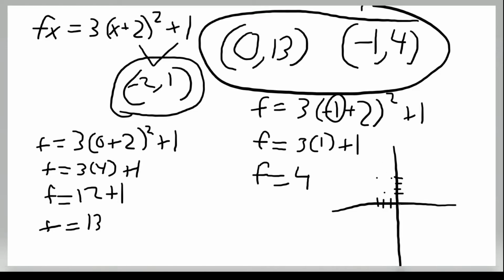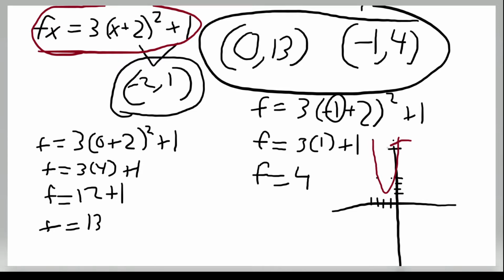And then we'd have (0, 13). Let's just say 13's up here, and right here. So we'd have something that looks like this, a shape like that. And that's how you solve for this equation, but without a calculator, on a graph.